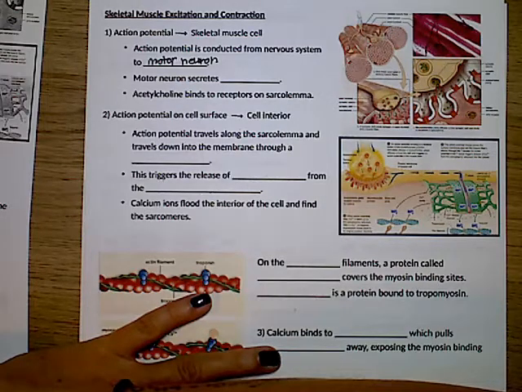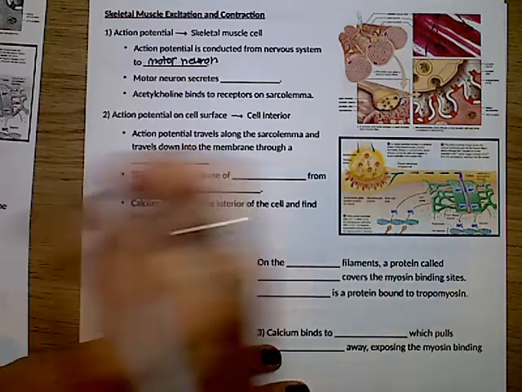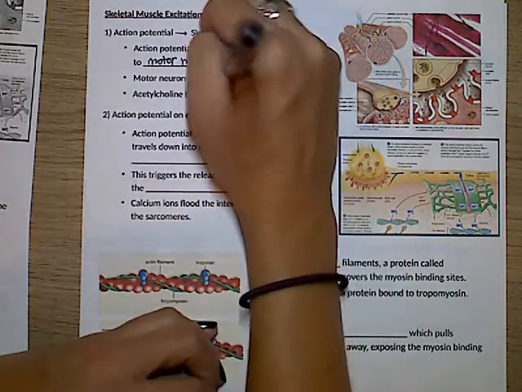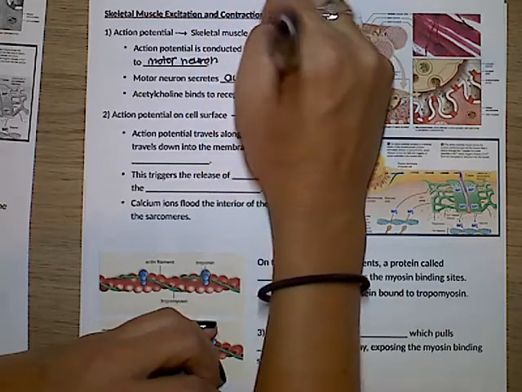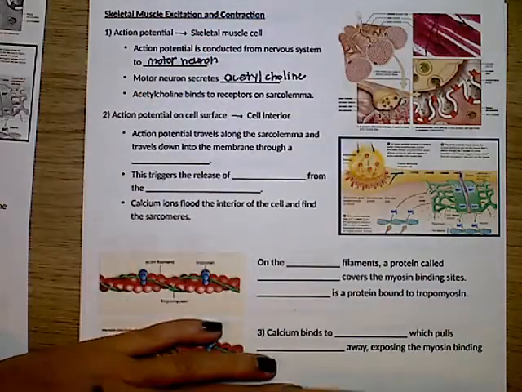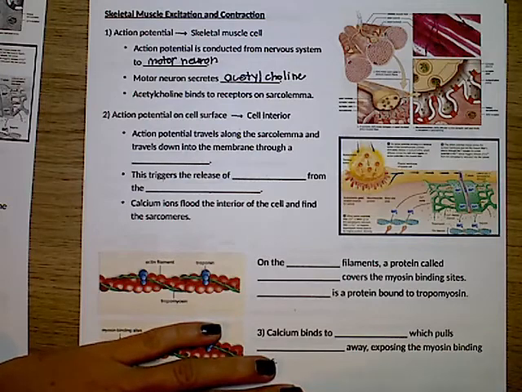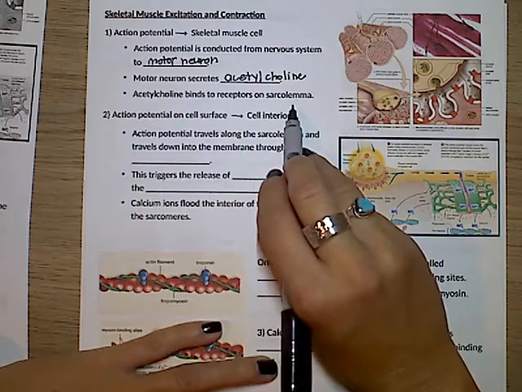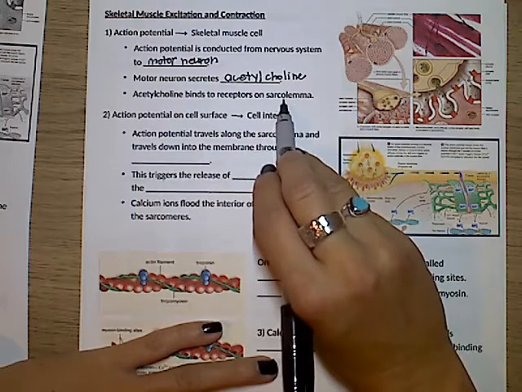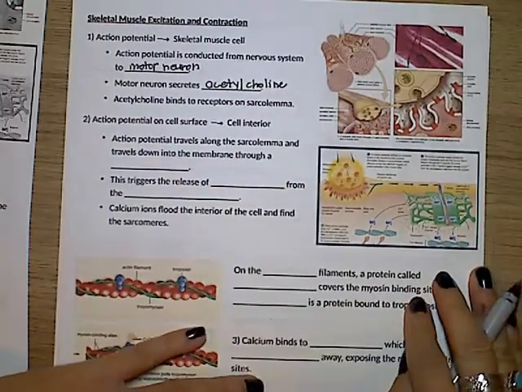And that motor neuron is going to secrete a type of neurotransmitter called acetylcholine. And then acetylcholine will bind to receptors on the sarcolemma. Remember, that's the cell membrane of the muscle fiber or muscle cell.